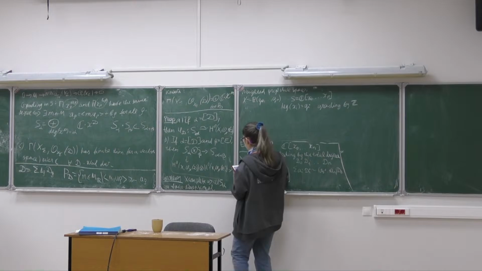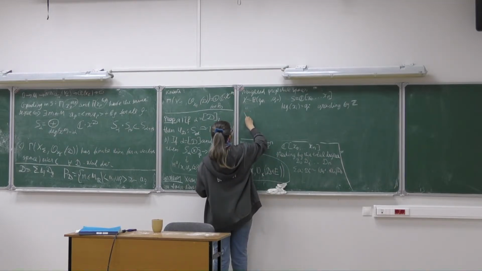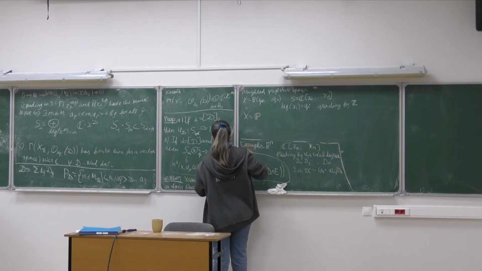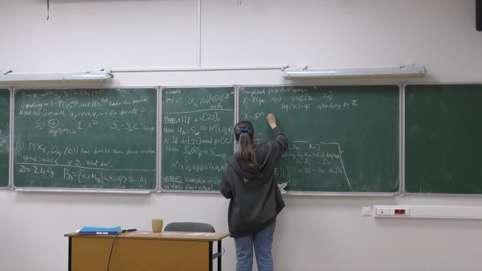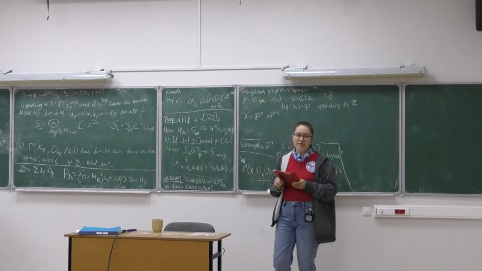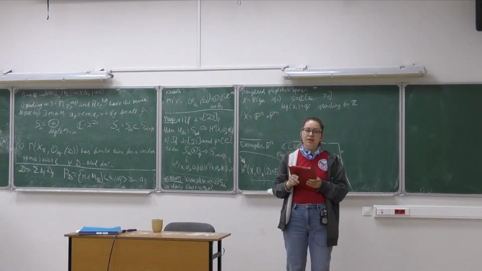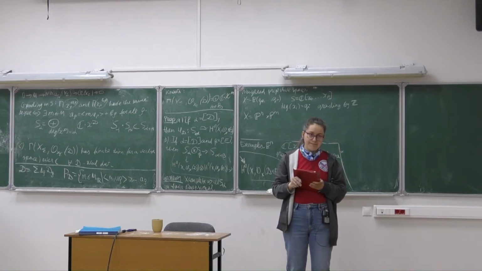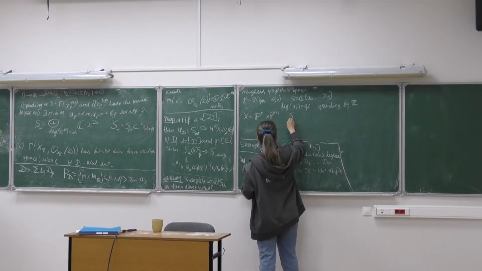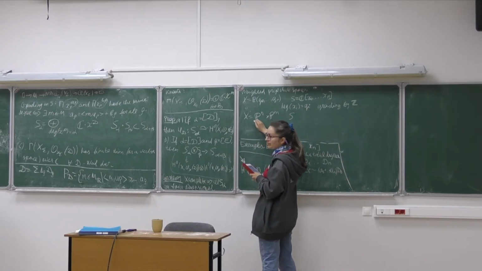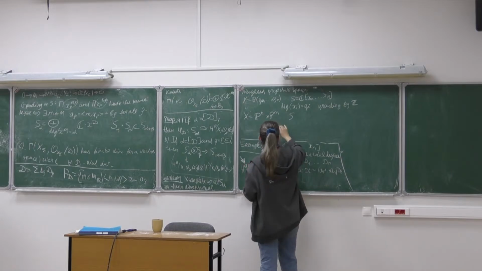And the third example is the product of two projective spaces. This is also a very useful example, Pn times Pm. In this case, the class group is Z squared. Okay? And what are our polynomials? We have n plus 1 divisors here and m plus 1 divisors here.